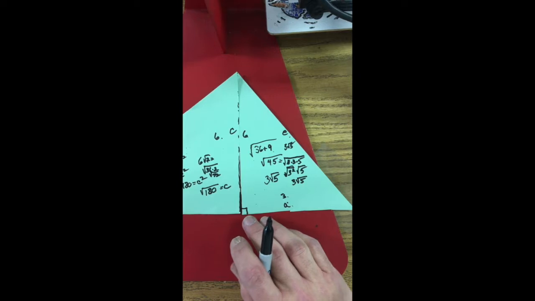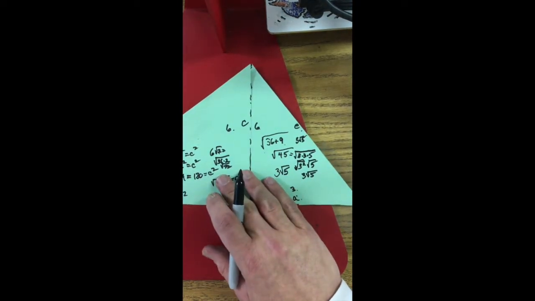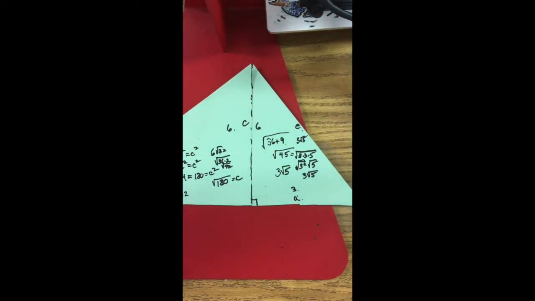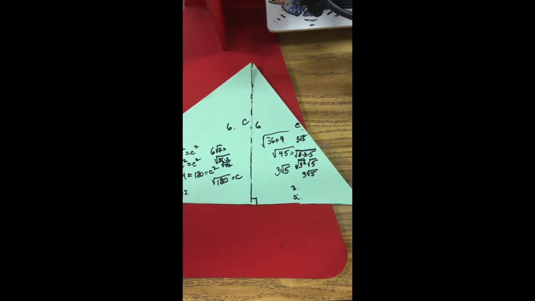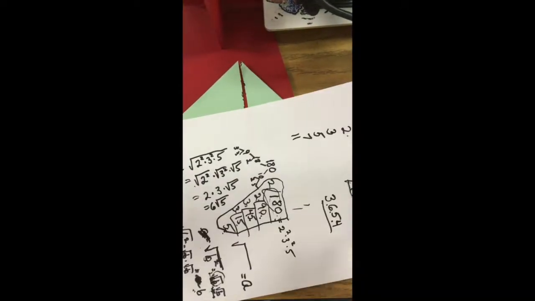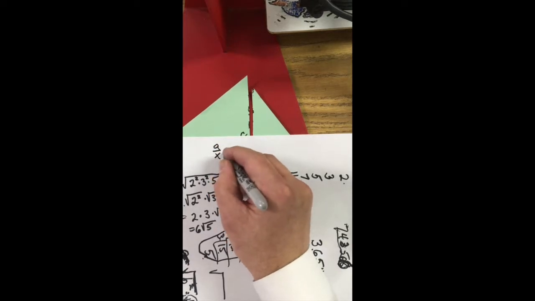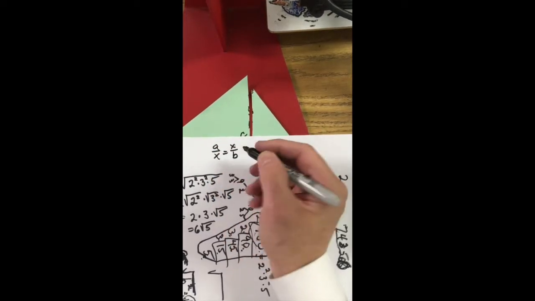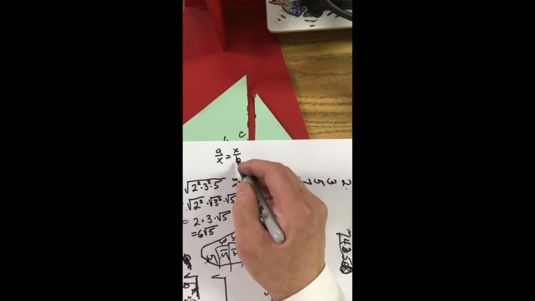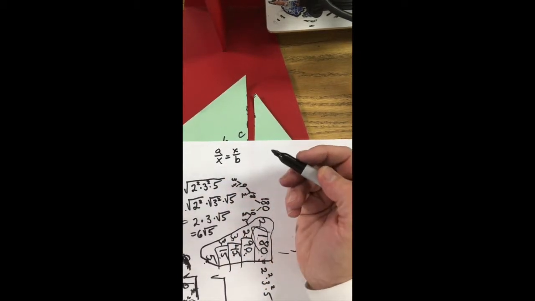Your textbook simply defines all of this in terms of the simple ratio, right? A over x is equal to x over b, and the geometric mean of a and b is whatever x makes this true.